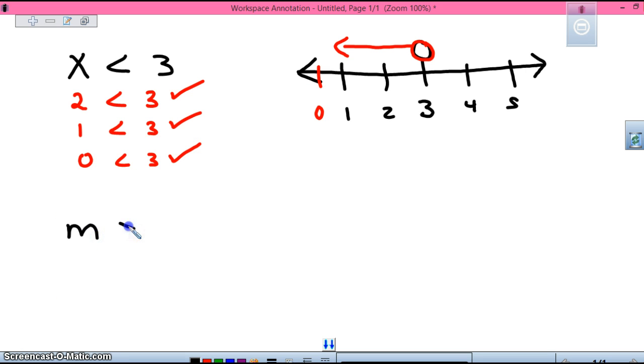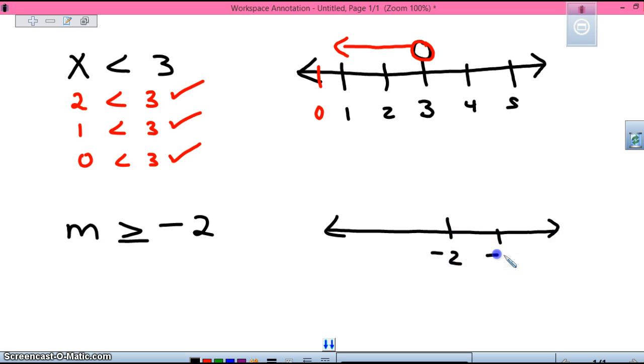If we have m is greater than or equal to -2, we would start with a closed dot to show that -2 is also a solution. And we would shade everything to the right of -2.